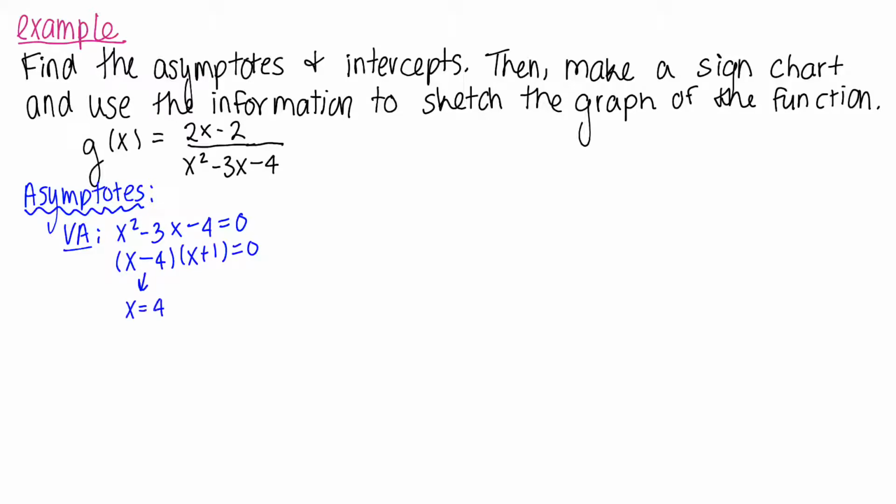So I have a vertical asymptote at x equals 4 and at x equals negative 1. For the horizontal asymptote, the degree of the numerator is 1. The degree of the denominator is 2.